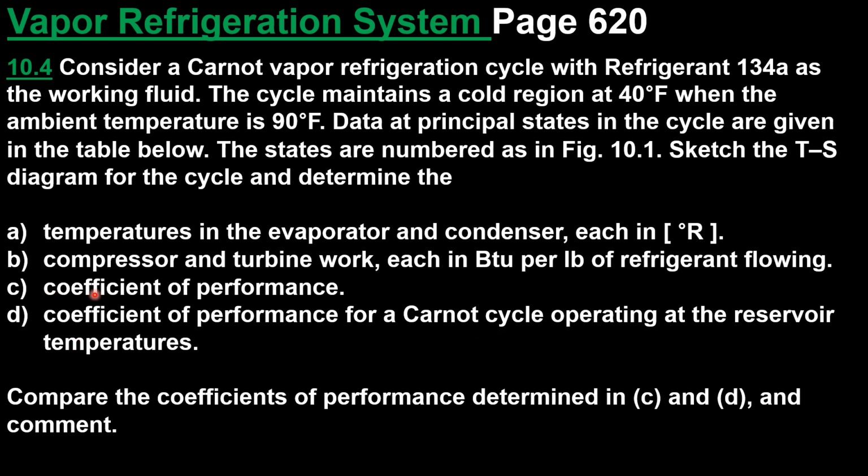So (c) is basically asking for the actual coefficient of performance. And remember, we are given measurable data, and we can use this measurable data to find the actual. And the maximum theoretical, we can use the thermal reservoir temperatures.